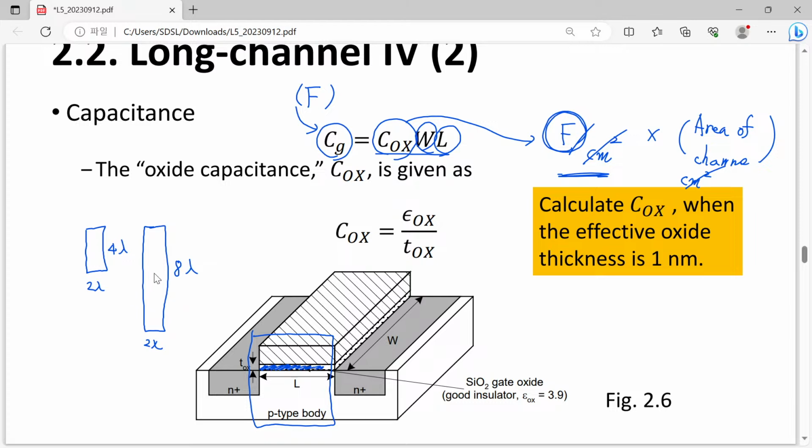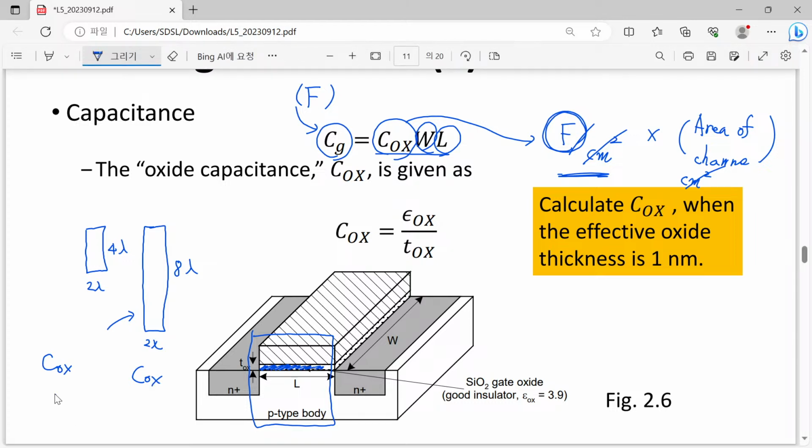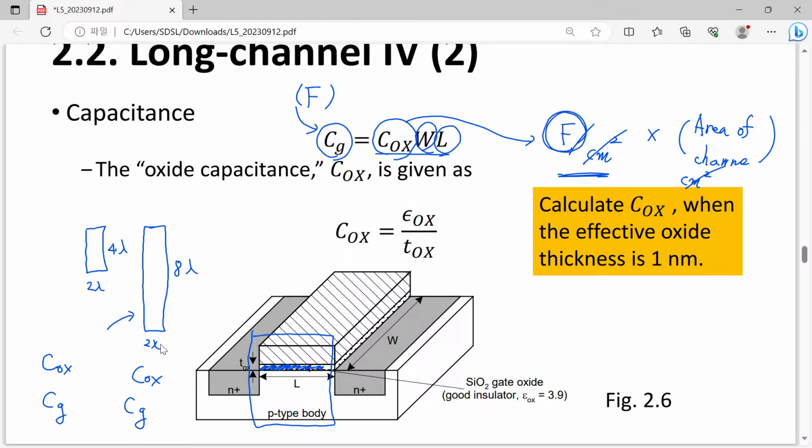When you draw this 2 times wider transistor, what will happen to your Cox and what will happen to your Cg? In the case of the same technology, Cox is nothing related with the size of your transistor. In this case, they are the same.